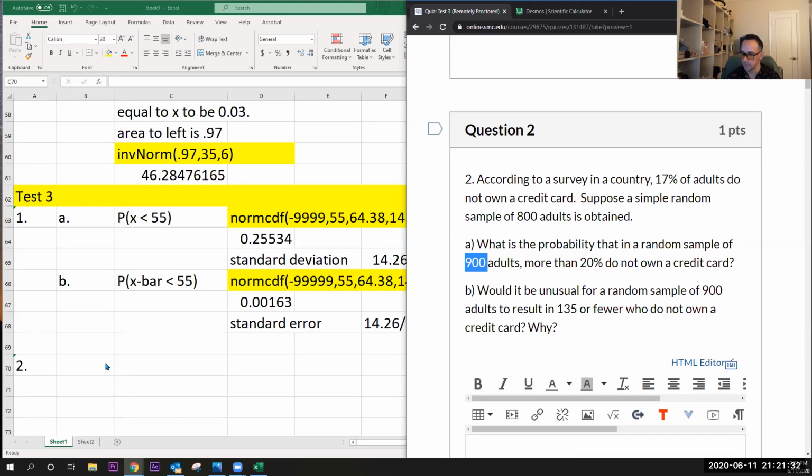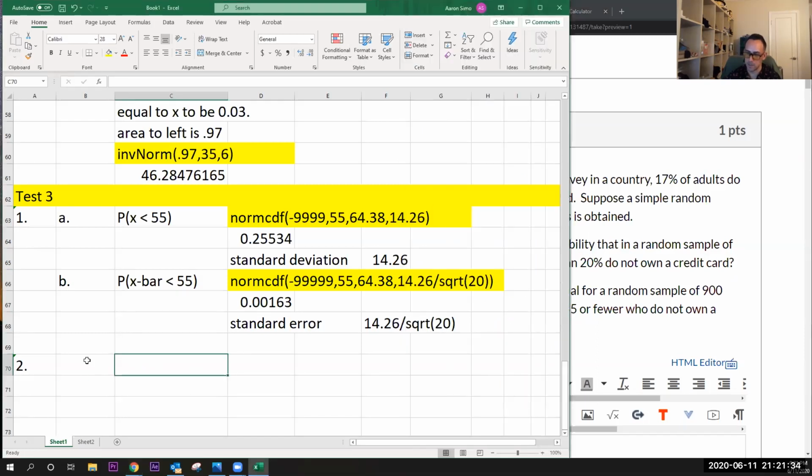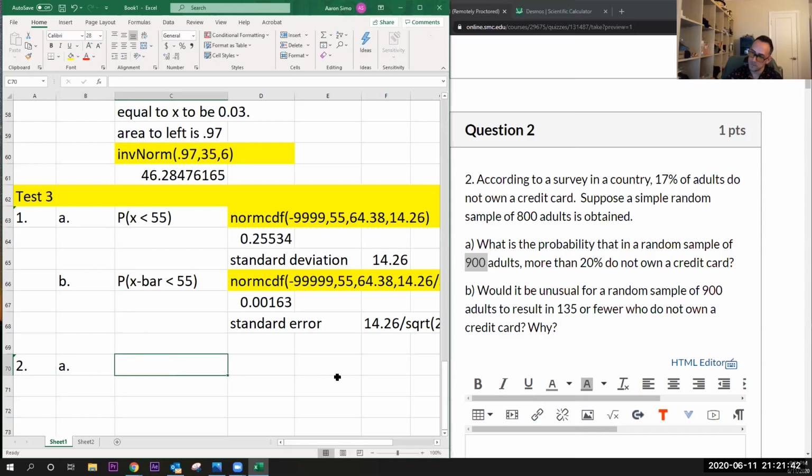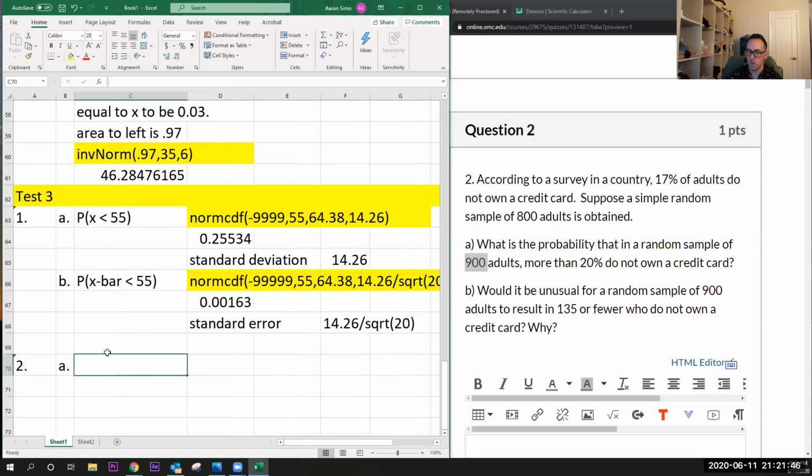We have A and B, so I'll say A. You understand we're trying to find the probability that 20% do not own a credit card.